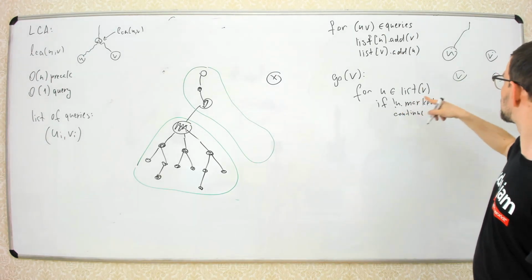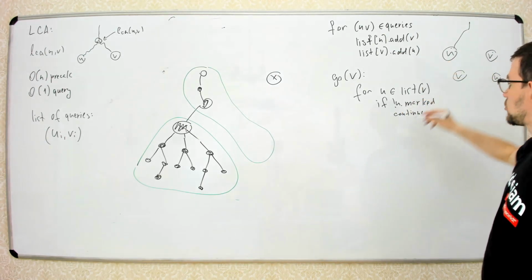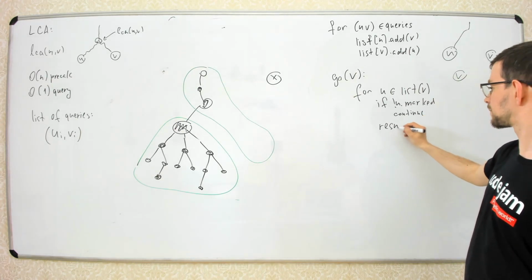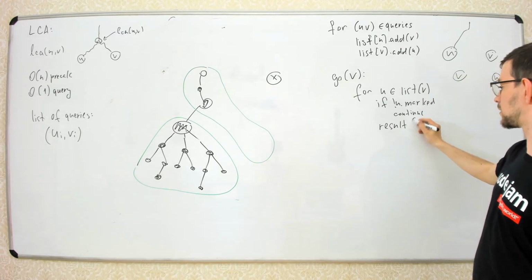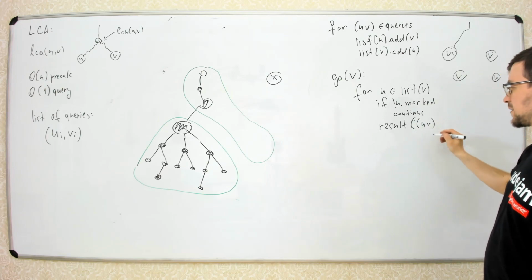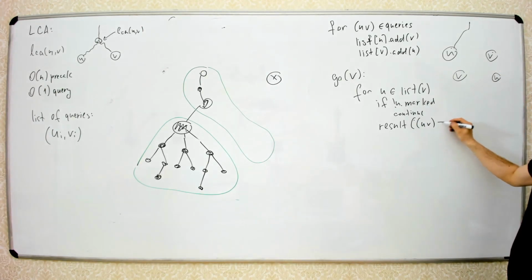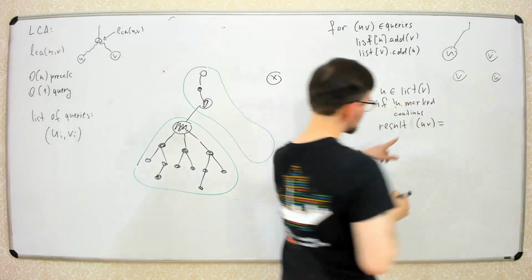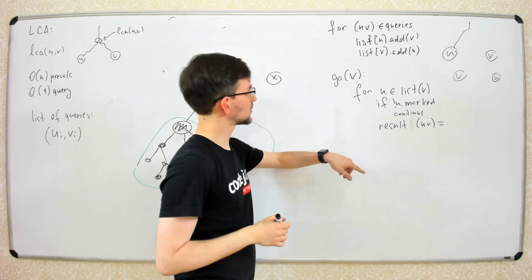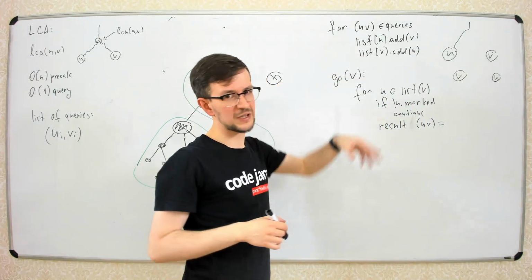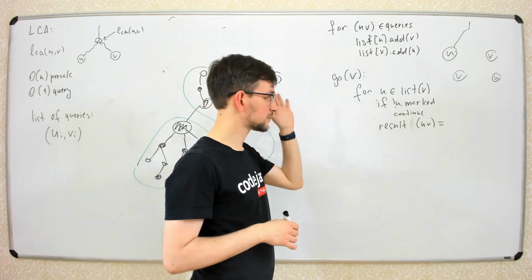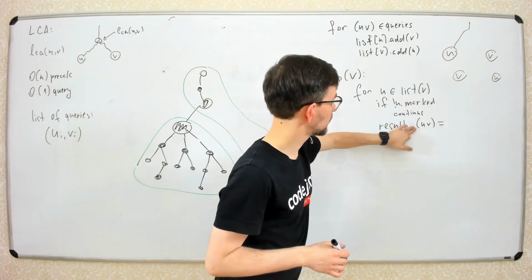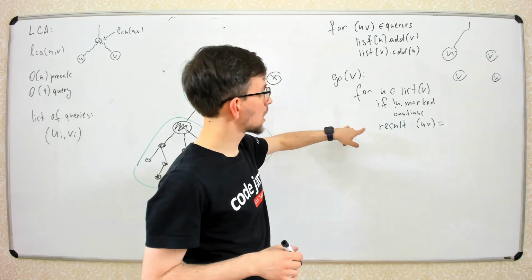And now if u is already marked, then I will just say result for query uv, like this, is good enough. So this is the result of the query uv. You may also remember the index of this query or something. You will find out all the details. It's not that hard.